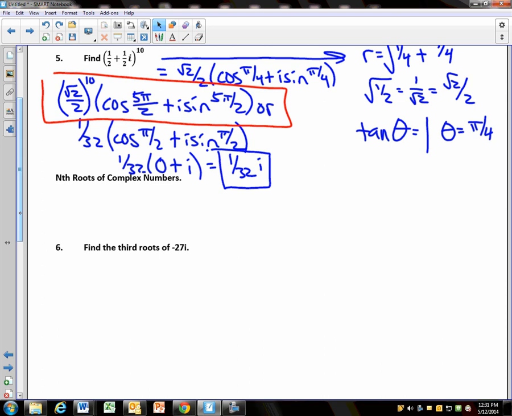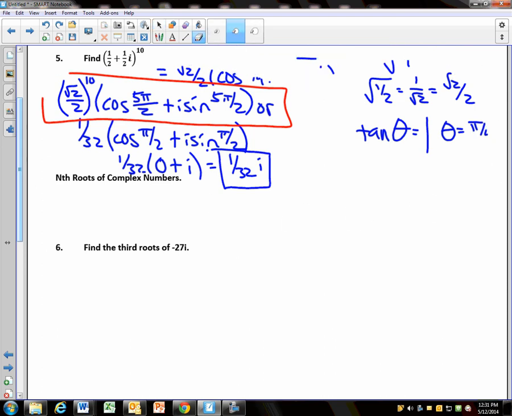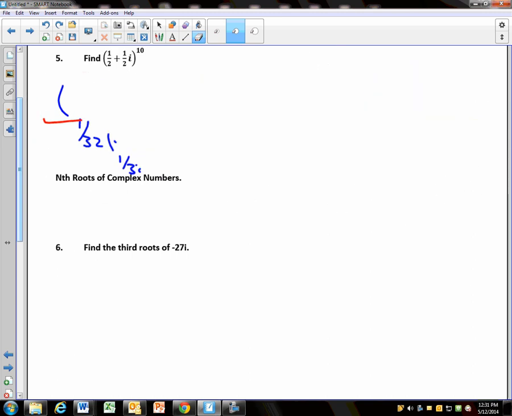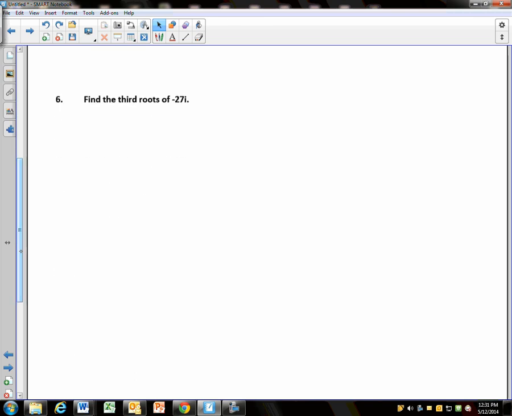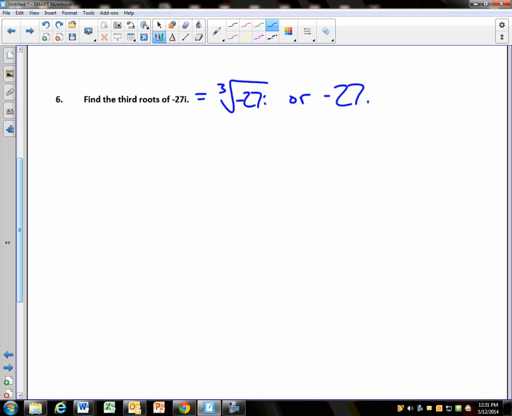Good to go? Okay, then let's do the harder problem. And that is finding nth roots of complex numbers. So the example we're going to look at is third roots of negative 27i. So that is the cubed root of negative 27i, or negative 27i to the 1/3 power.